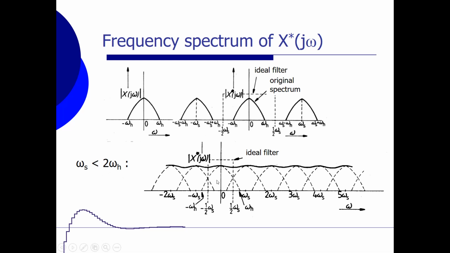It's not possible to filter out that original spectrum. So we have to meet the requirement that the sample frequency, omega s in this case, has to be at least twice the maximum frequency of my signal.